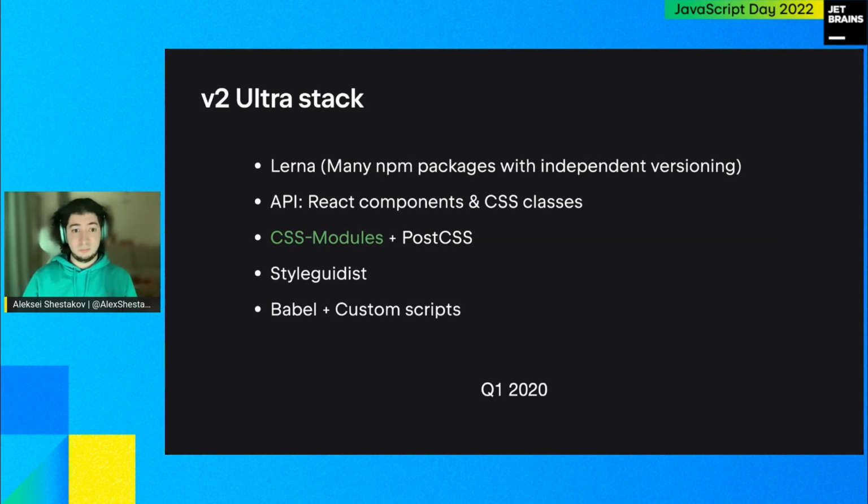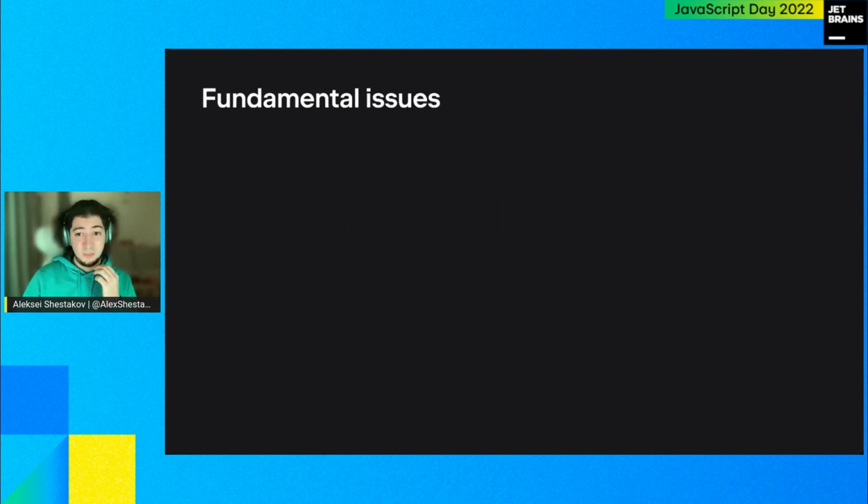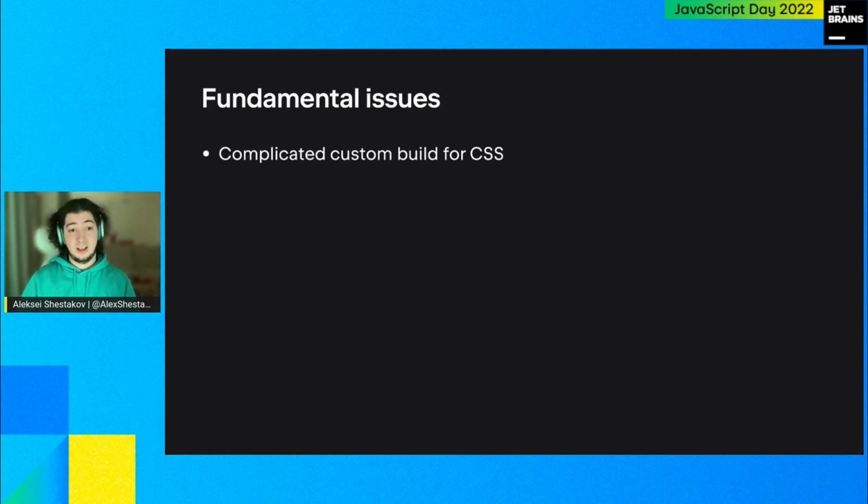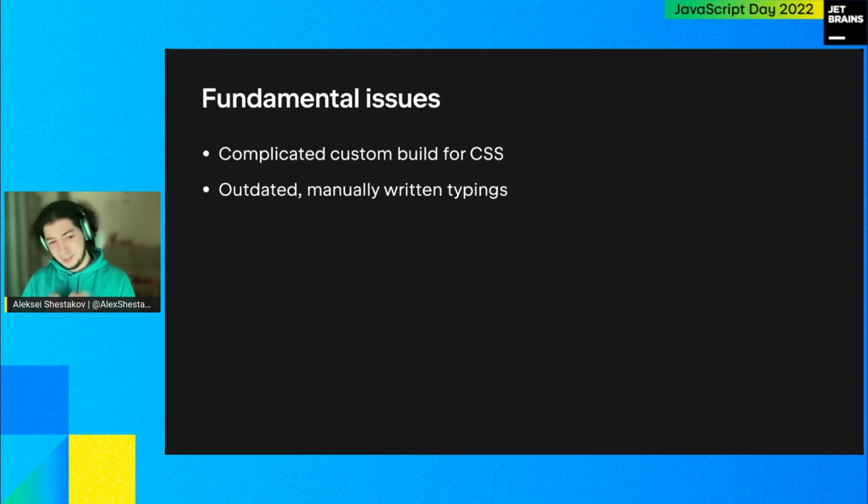And this stack served us for a pretty long time, but it had some fundamental issues: complicated styles build, which I mentioned earlier, and always outdated typings. By that time, some projects that were using the design system were migrated to or started using TypeScript, but components were written in JavaScript.